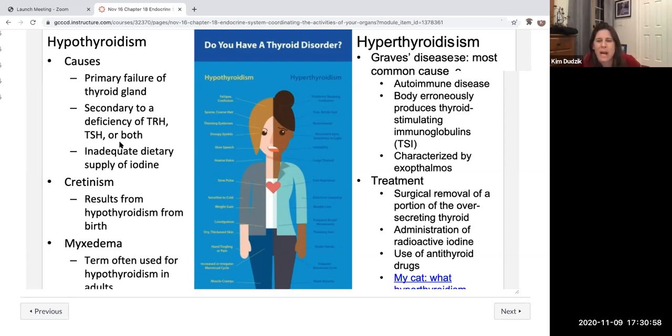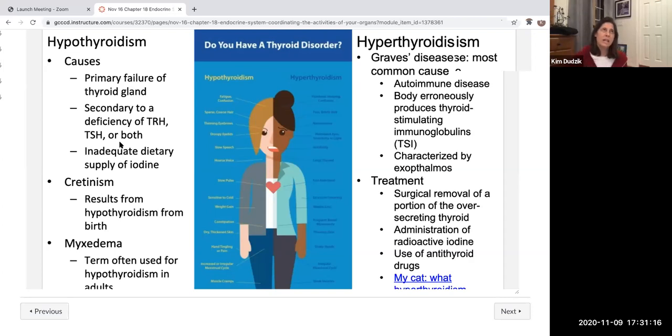Because of the autoimmune disease, the body produces these TSIs, and it's an antagonist of the TSH receptors on the thyroid cells. So it blocks those thyroid cells.